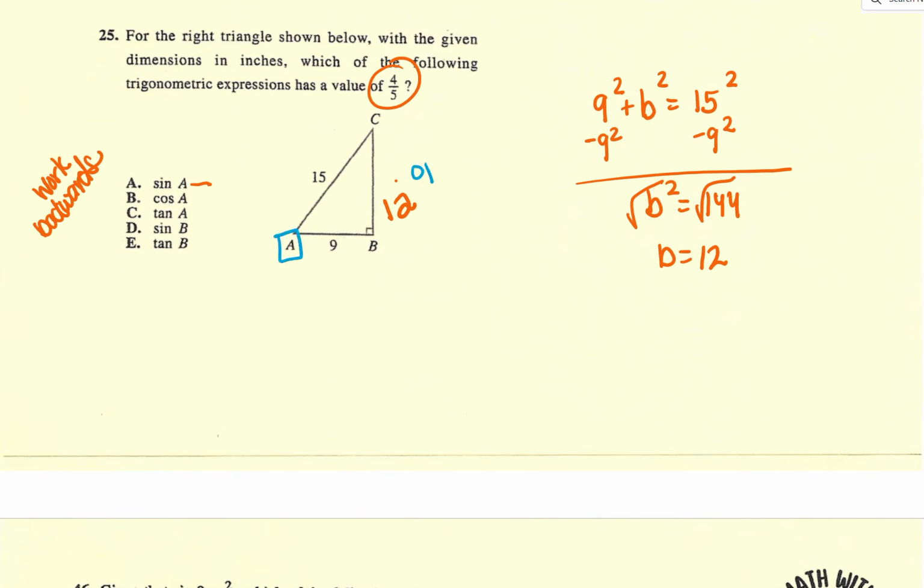Sine would be the opposite over the hypotenuse, that's my SOH. And so that would be 12 over 15. It might not look like 4/5, but if I reduce that and I say 3 goes in there 4 times and 3 goes in there 5 times, then I get what they said. So it's nice when you work backwards and it's the first answer.